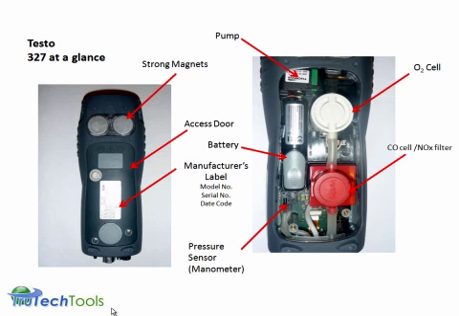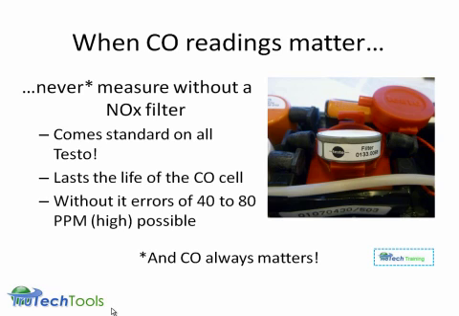If you pull the back off the analyzer, you'll see inside the pump, which is a replaceable pump, a rechargeable lithium-ion battery, a pressure sensor, which is a manometer, your O2 and your CO cells, along with the incorporated NOx filter. When CO readings matter, and it really always does, you never ever want to measure without a NOx filter.